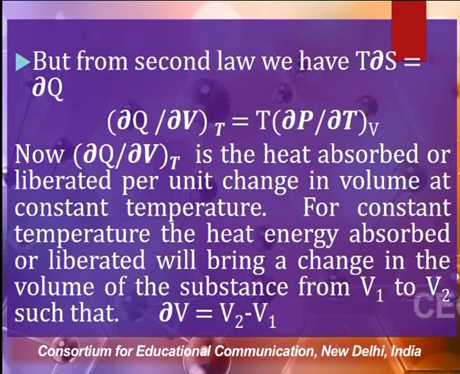Now what is the quantity on the left hand side? It is the heat absorbed or liberated per unit change in volume at constant temperature. For constant temperature, the heat energy absorbed or liberated will bring a change in the volume of the substance from V1 to V2 such that instead of delta V we can write V2 minus V1.